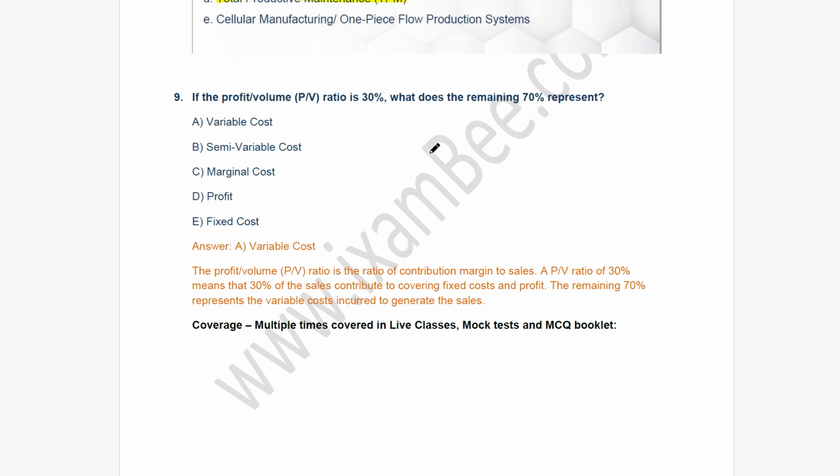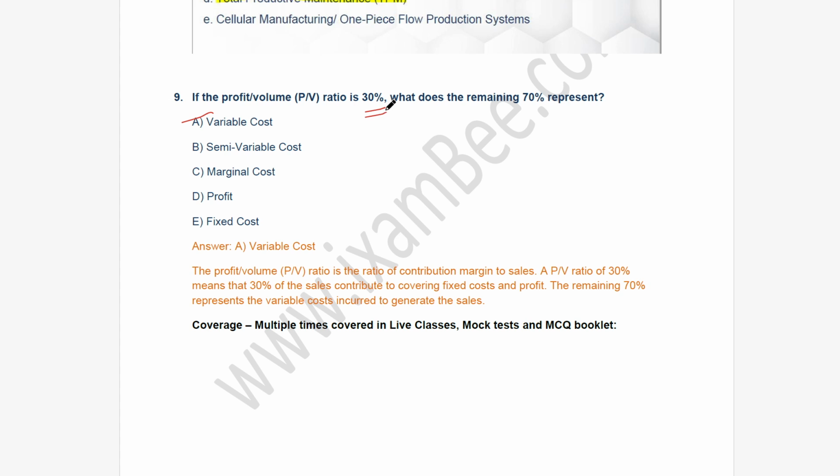A question related to it was a conceptual question, although asked in the form of numbers. If the PV ratio, the profit volume ratio, is 30%, what does the remaining 70% represent? Many of the students have written it as profit. That is not correct. It is actually variable cost.